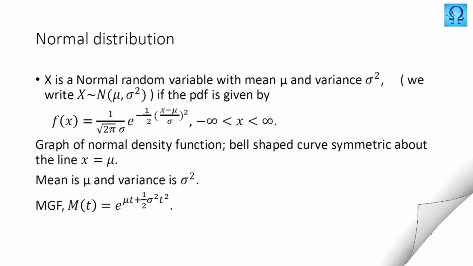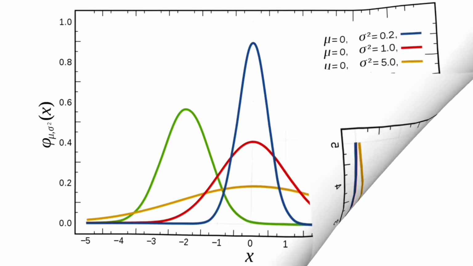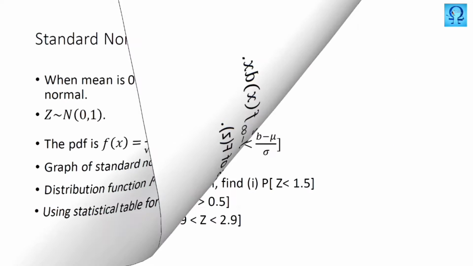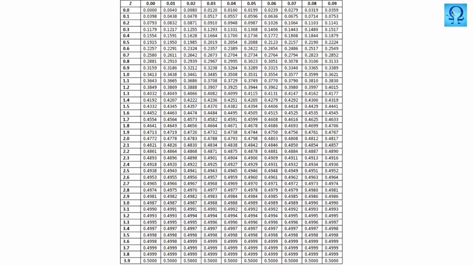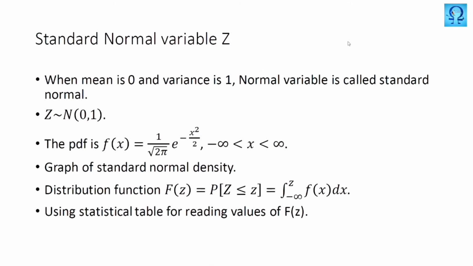So through computer programming and all, people have derived some tables of this form, whereas this table is not applicable for all random variables involving some arbitrary mean and variance. That is why we have something called the standard normal variate.